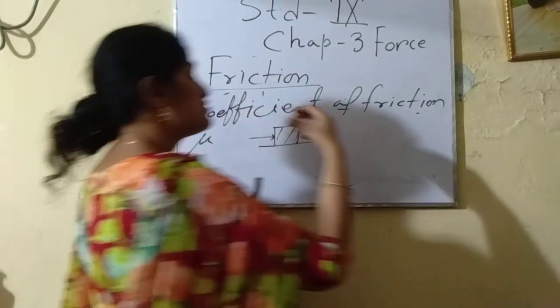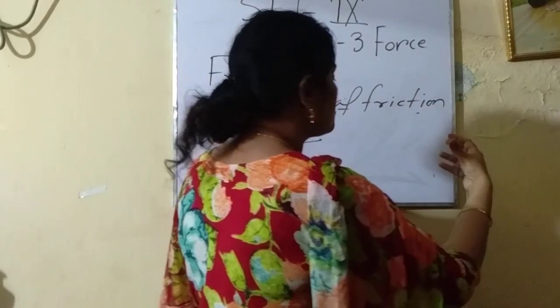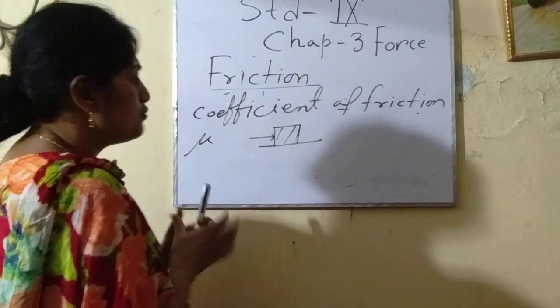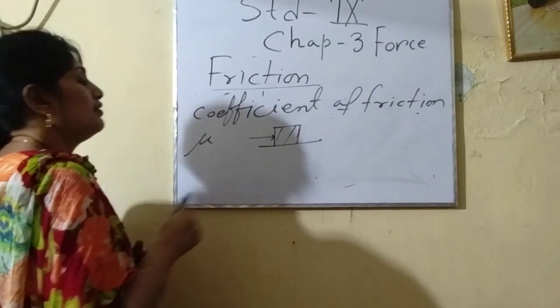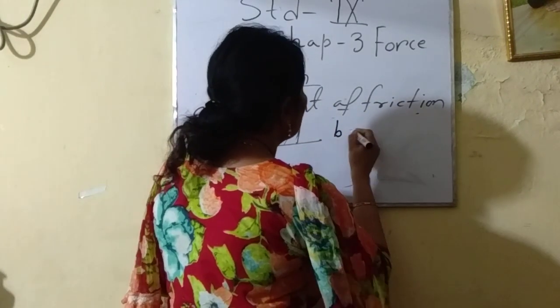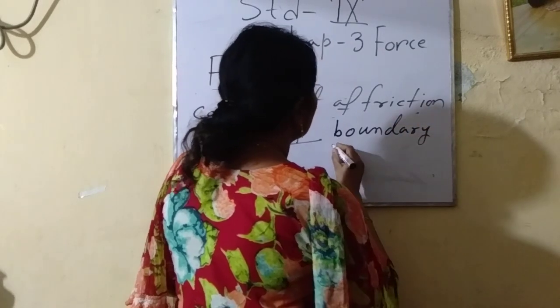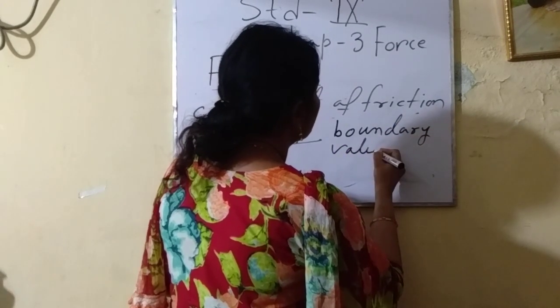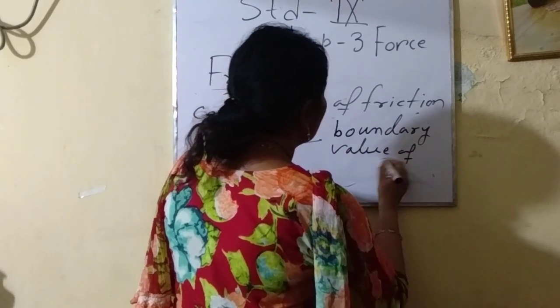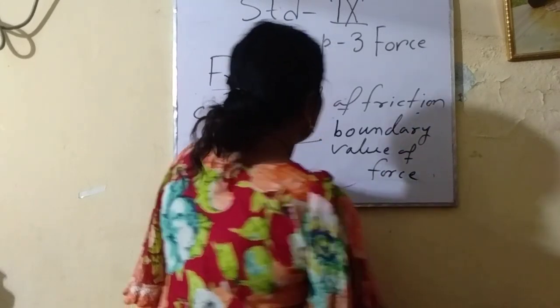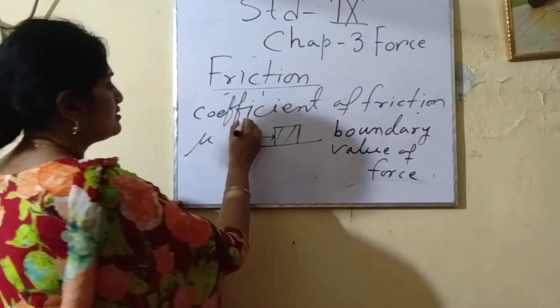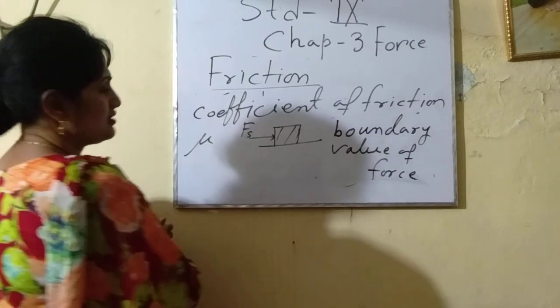So that minimum amount of force by which an object starts to move, that is known as the boundary value of force. That is denoted by Fs.